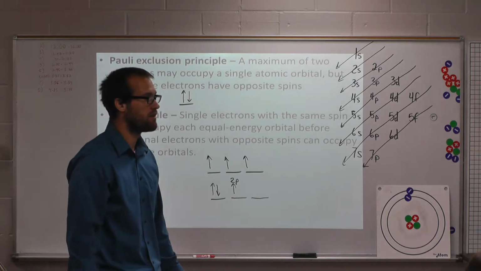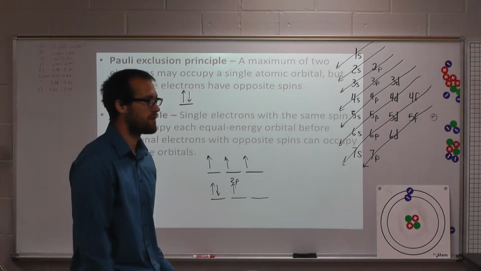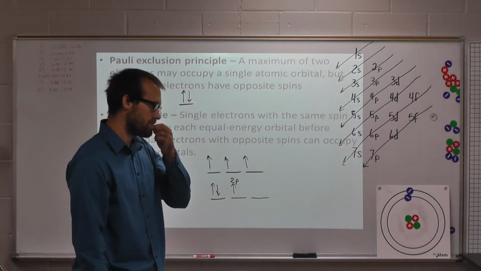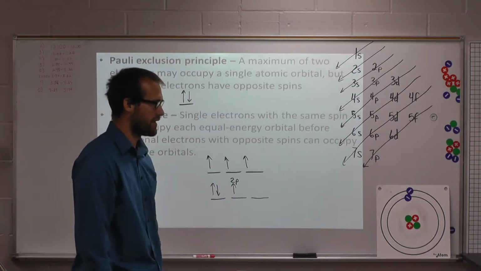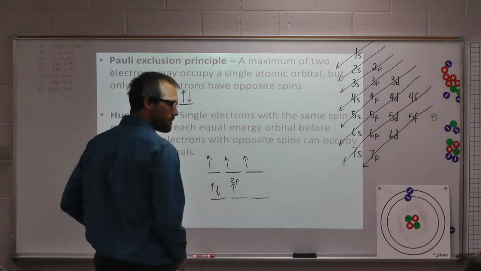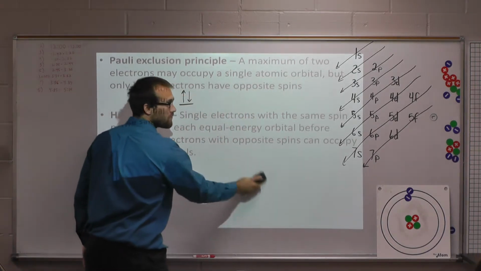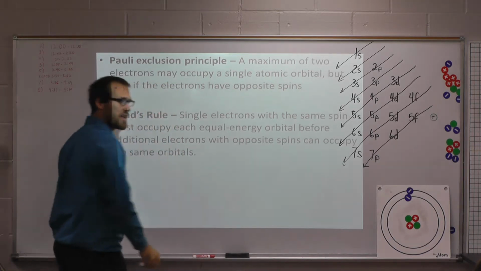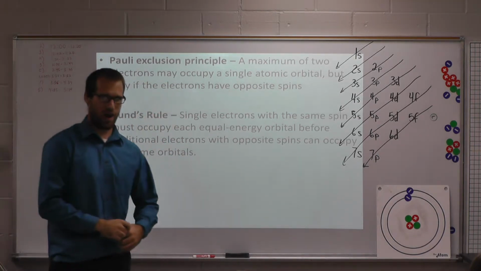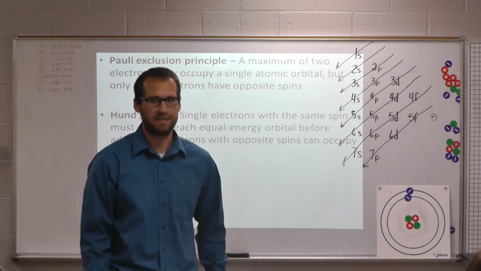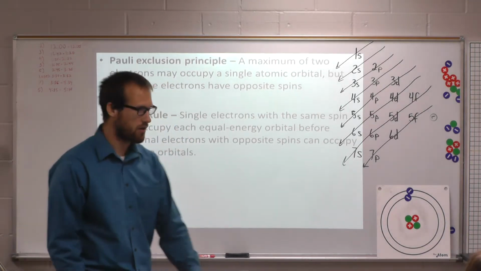So what we're going to get to is how many electrons are in the p sublevel of the second energy level. That's what we're doing today. Now we don't know the exact location of that electron in each orbital, but we know it's in the orbital. Okay.